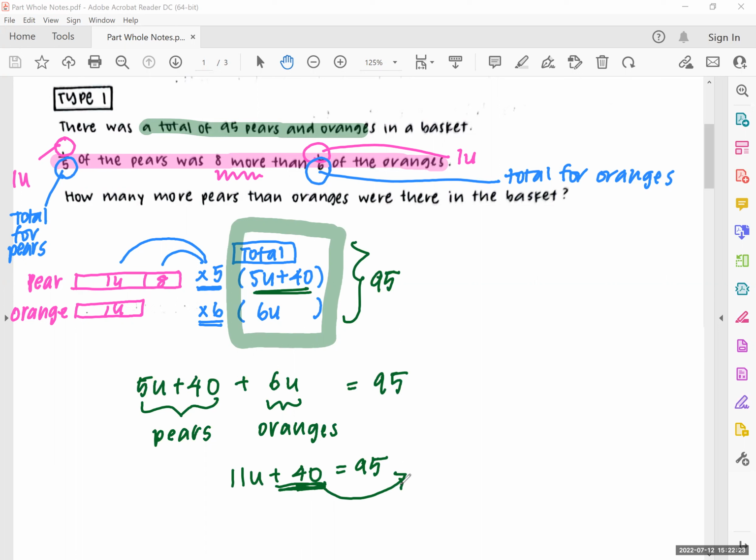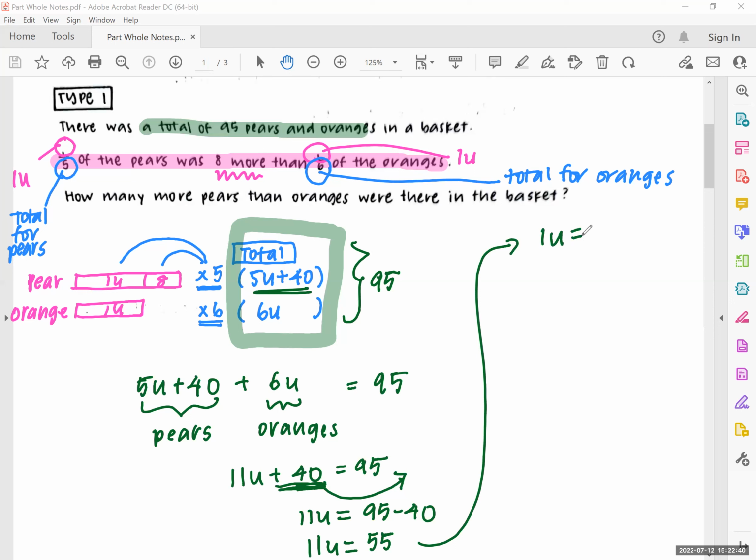So for the girls, remember, plus 40, bring it to the right-hand side, it becomes what? So it'll be 95 minus 40, and 11 units is actually equal to? And then from here, do you think you can find 1 unit? Yes. How much is 1 unit? 55 divided by 11.